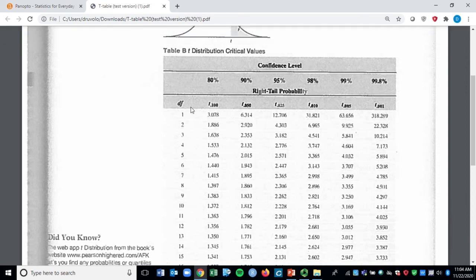The easiest way to understand degrees of freedom is that every time you have to estimate a parameter within a formula, you lose a piece of information. So what happens when you create a confidence interval for mu? Remember, we couldn't use sigma in the formula. We had to estimate that parameter, and so we lose basically one piece of information.